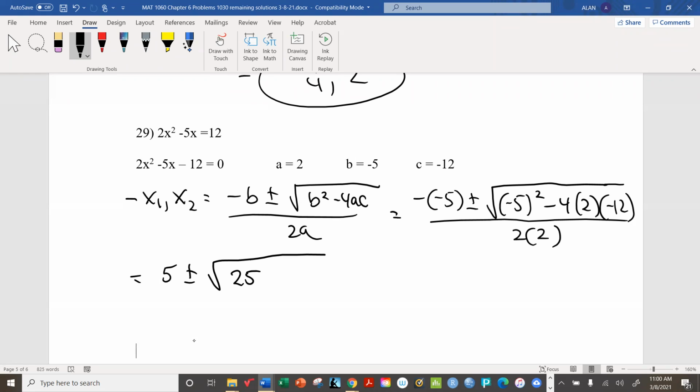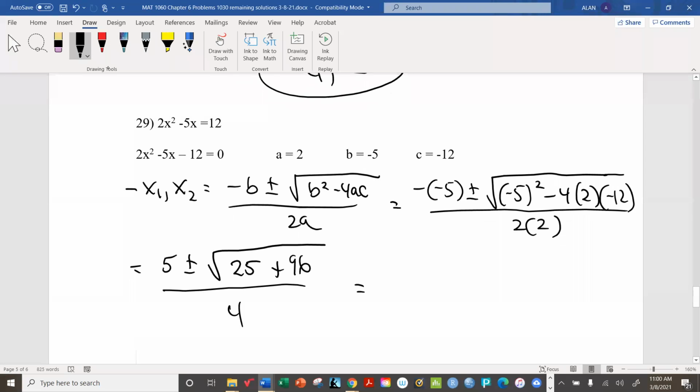Now here we have 2 negatives. This is actually plus 96. And then we divide that by 4. And then we have 5 plus and minus the square root of 121 over 4.